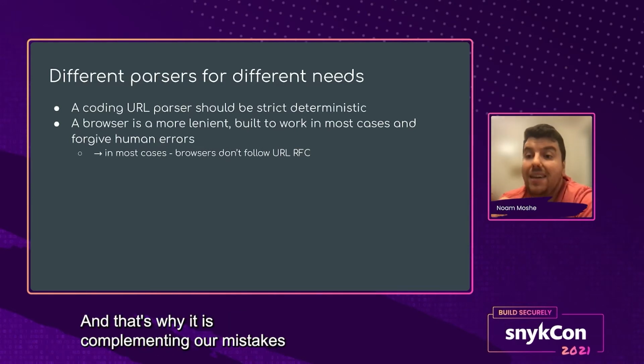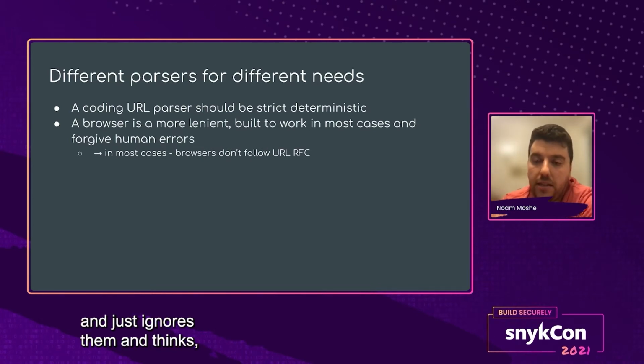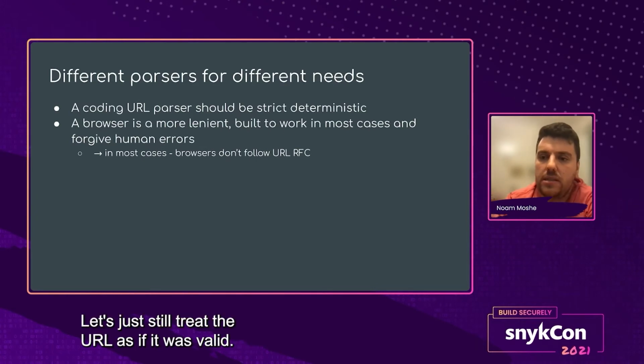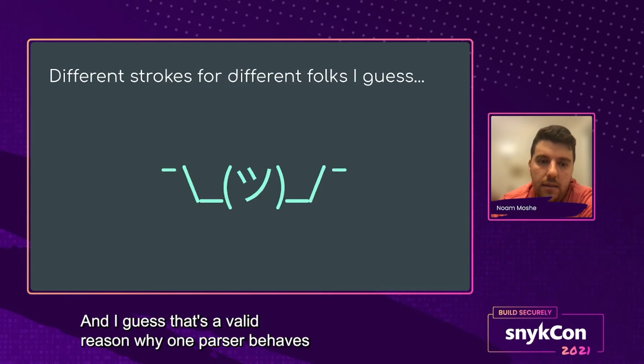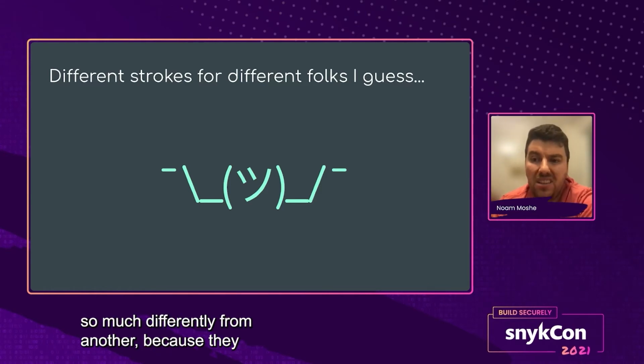That's why it complements our mistakes, just ignores them and thinks, yeah, it's probably a mistake, let's still treat the URL as if it was valid.